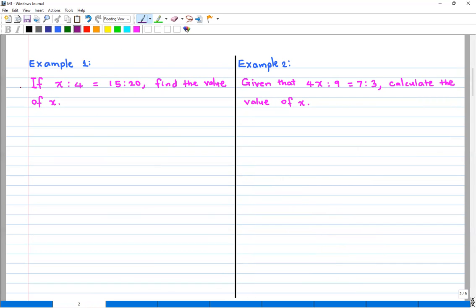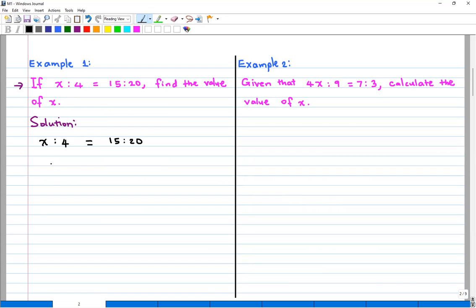Part 1, if x to 4 is equal to 15 to 20, find the value of x. Okay. We know that x to 4 is equal to 15 to 20.